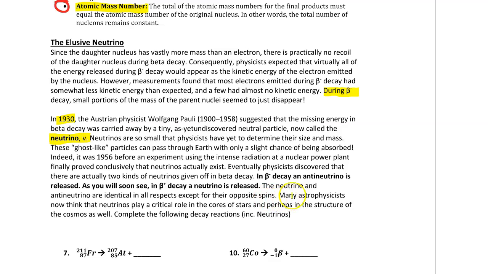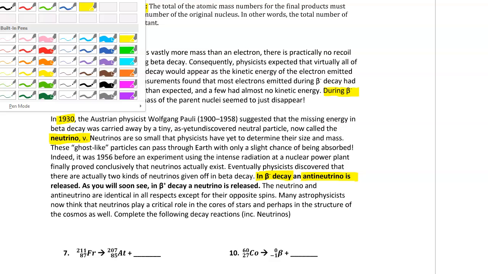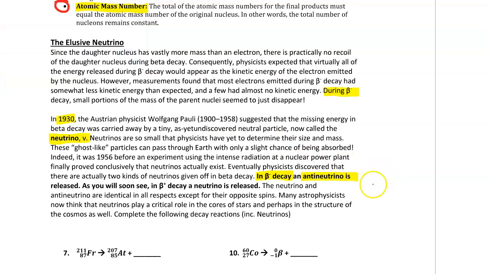Basically, the neutrino has been discovered, and in beta negative decay, meaning electrons, an antineutrino is actually released. And we call that antineutrino, we use a little symbol like this.